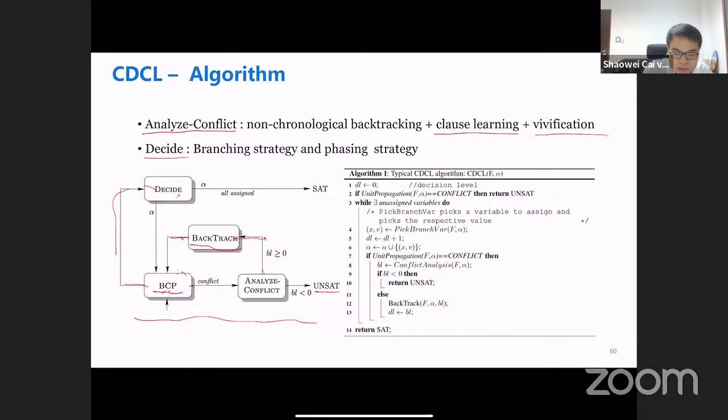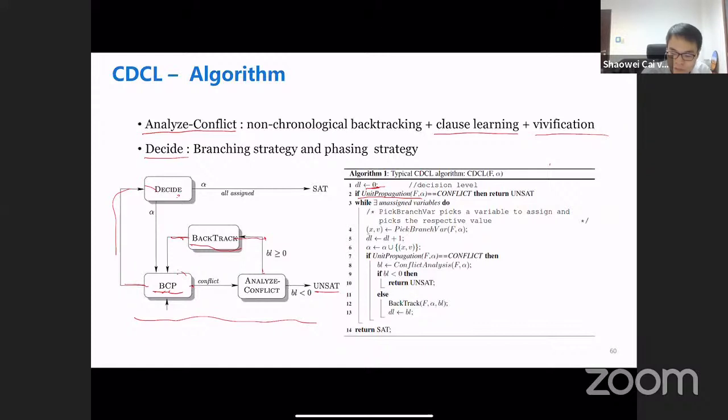When the loop reaches a leaf, that is, a complete assignment where all variables are assigned, then we get the solution. This is the pseudocode of the CDCL framework. In the beginning, at level 0, we do UP if possible, and then we go into the loop.